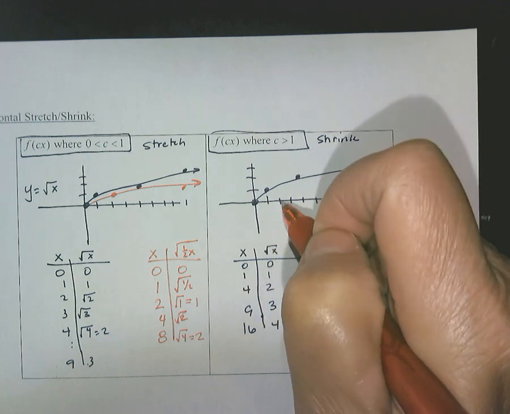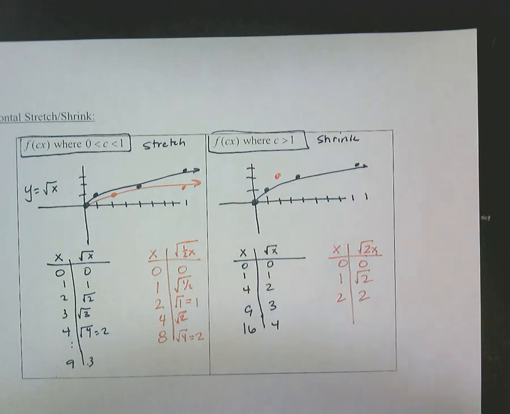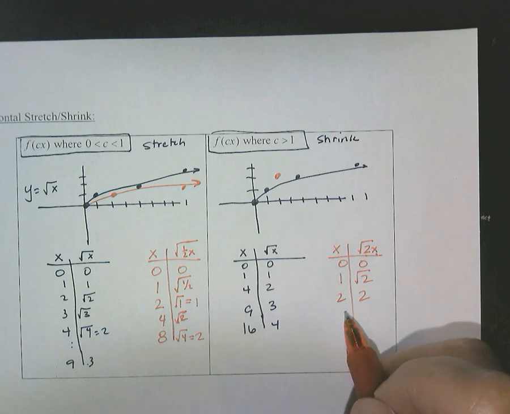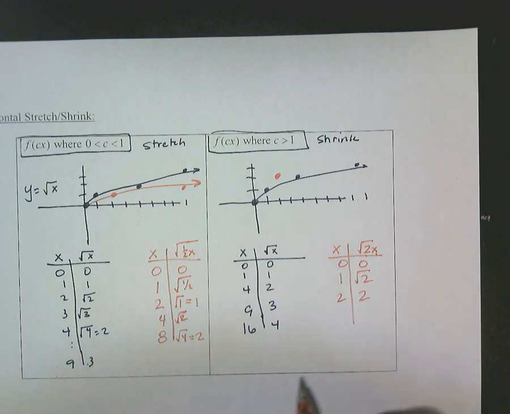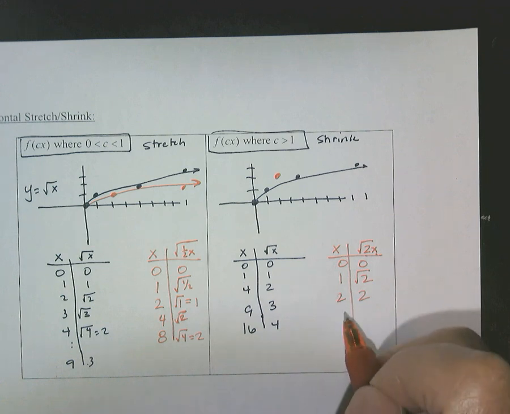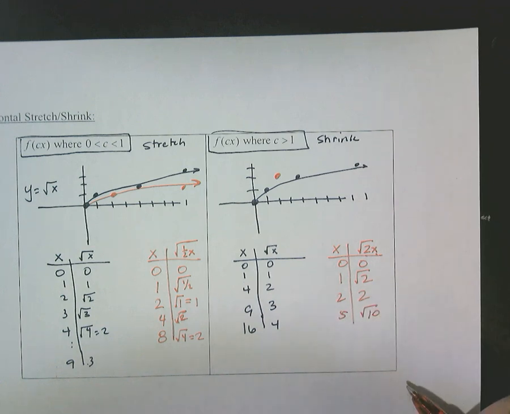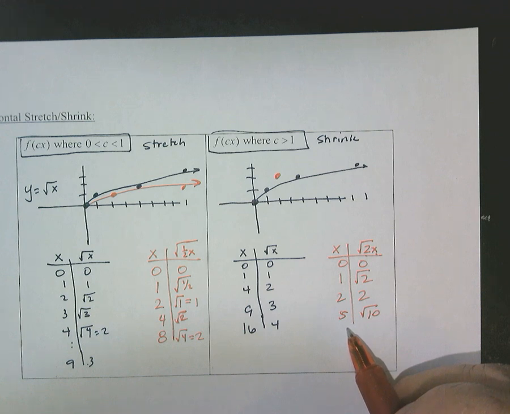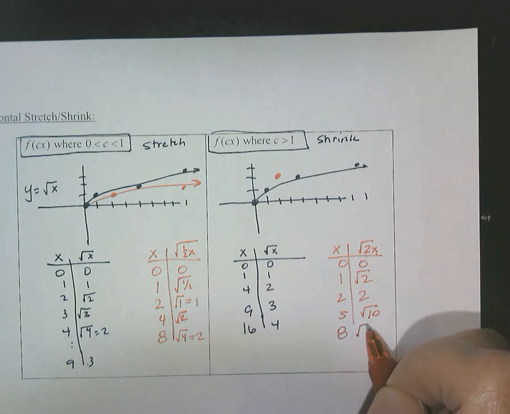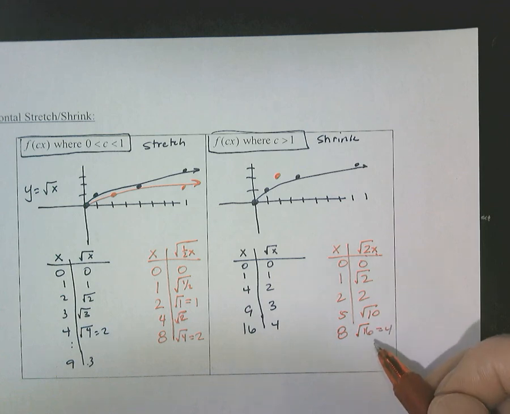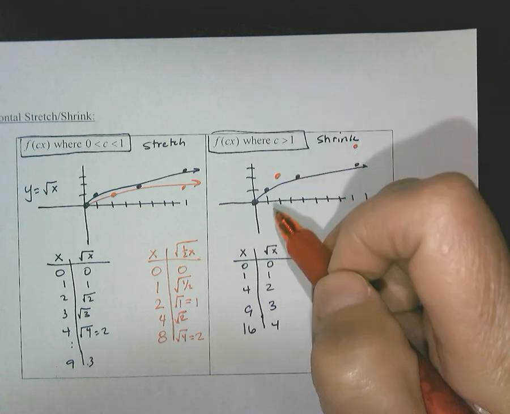So I would plot the point 2, 2. If I did a 3, I'd get 6. If I did a 4, I'd get 8. 5, I'd get the square root of 10. Not very good numbers to plot. 6, 7, 8. Well, 8 would be the next good one. If I put an 8 in, I get the square root of 16, which is equal to 4. So it would be about up here.